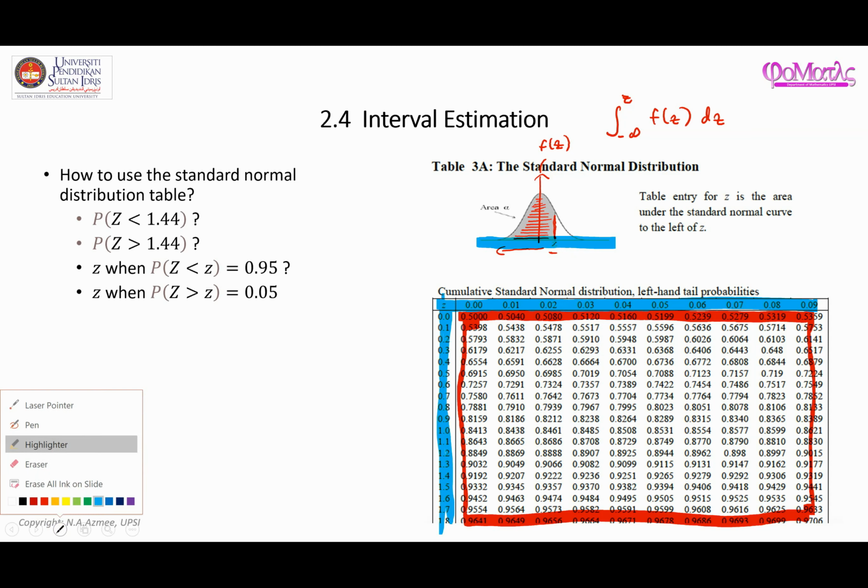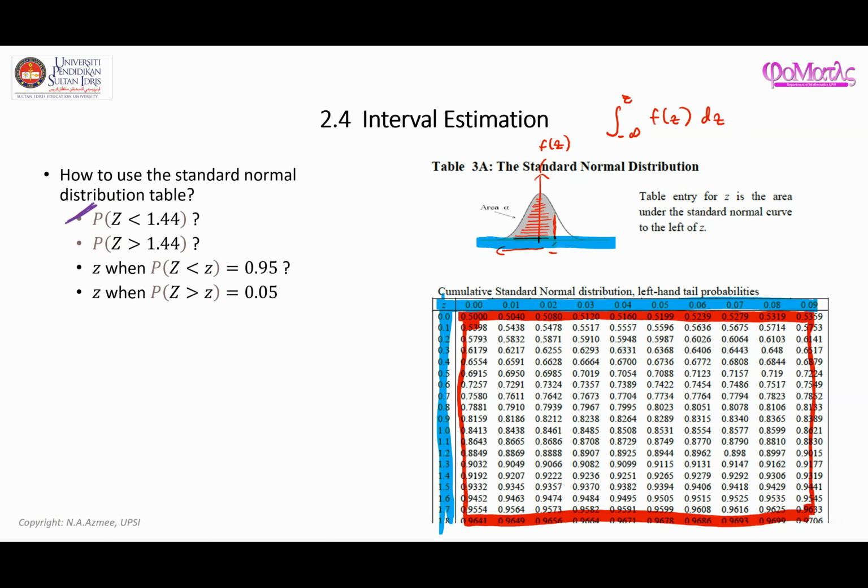Let's say you are interested to answer all these questions here. Let's look at the first question: probability Z being less than 1.44. The first step is to sketch what the question is asking you to do.